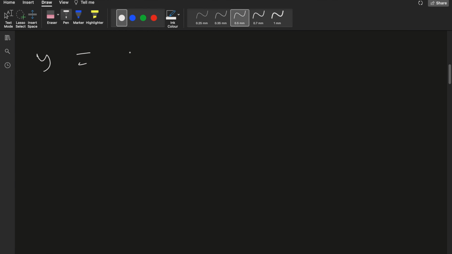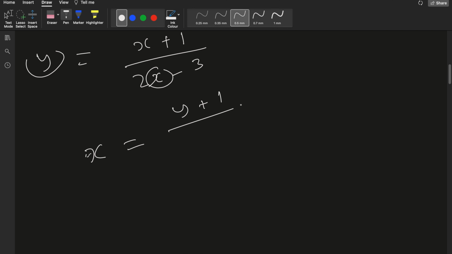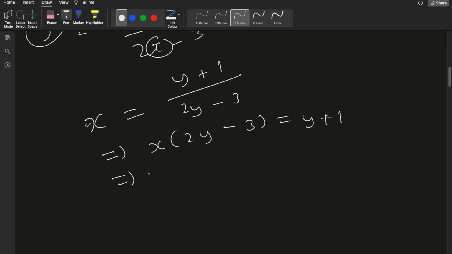So y equals x plus 1 divided by 2x minus 3. Now swap these two variables. That means x equals y plus 1 divided by 2y minus 3. Let's multiply both sides by 2y minus 3. So x into 2y minus 3 equals y plus 1. Let's multiply this: 2xy minus 3x equals y plus 1.